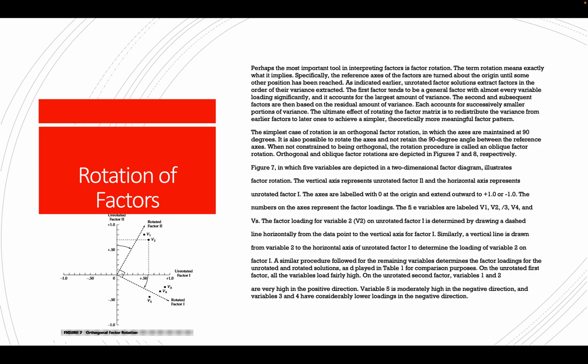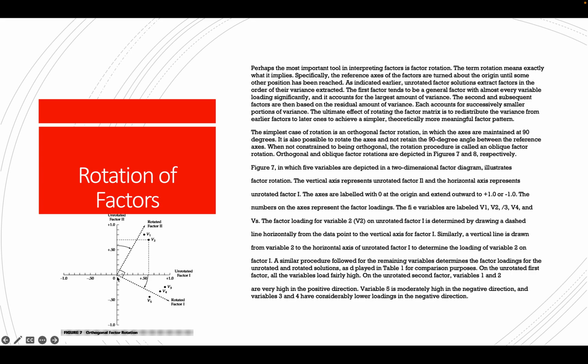The simplest case of rotation is an orthogonal factor rotation, in which the axes are maintained at 90 degrees. It is also possible to rotate the axes and not retain the 90-degree angle between them.